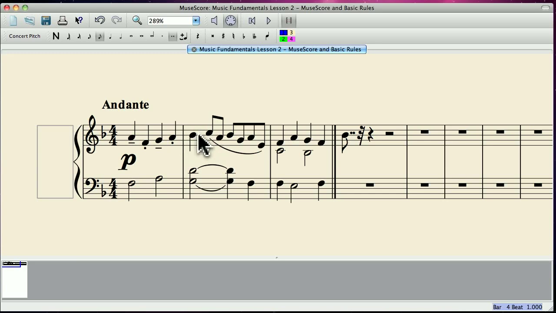So if we had to put accidentals on these two notes, the accidental would be here on this line and here on this space. Again, leave enough spacing so that things aren't scrunched together. It's much better to have music spaced out nicely than to have it all scrunched together. So that's the rules about accidentals. Always before the note, and always on the line or space that the note is lying on.